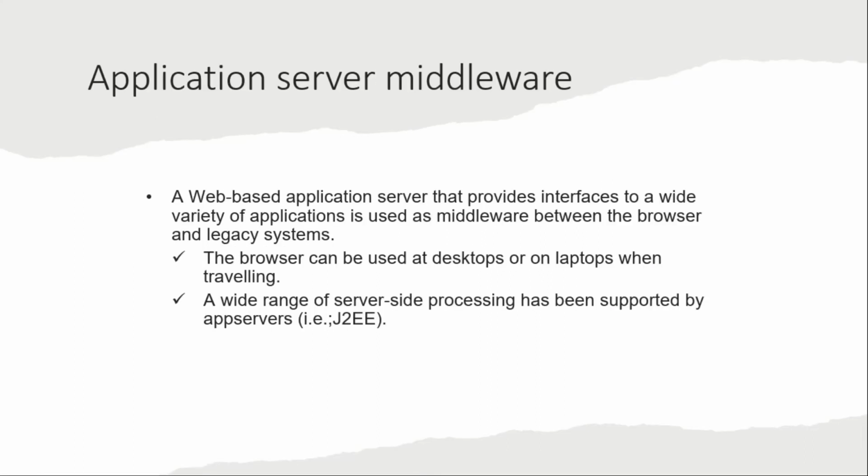Next is application server middleware. It is a web-based application server that provides interface to a wide variety of applications. It is used as middleware between the browser and legacy system. The browser can be used at desktop or on laptop when traveling. A wide range of server-side processing is supported by the app server.